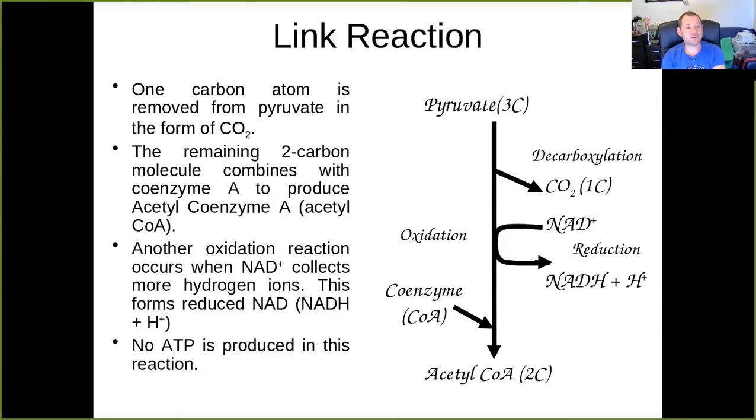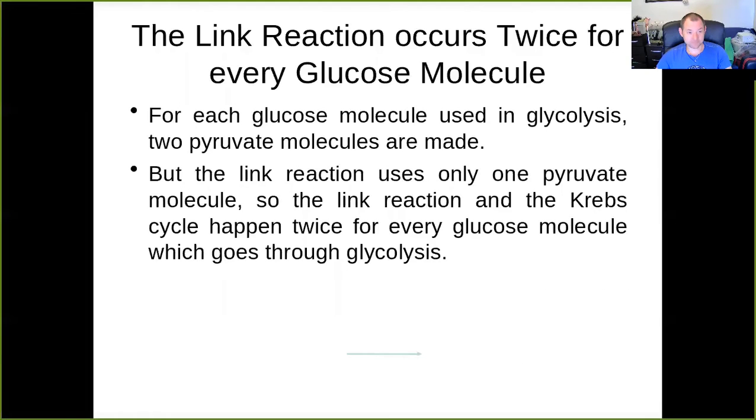So 1 carbon atom is removed from pyruvate in the form of CO2. The remaining 2-carbon molecule combines with coenzyme A to produce acetyl coenzyme A. Another oxidation reaction occurs when NAD plus collects more hydrogen ions. This forms reduced NAD. No ATP is produced in this reaction, so you don't get any ATP generated in the link reaction.